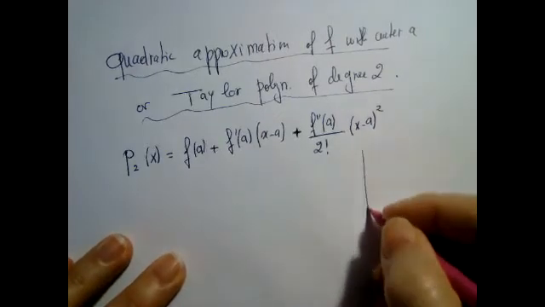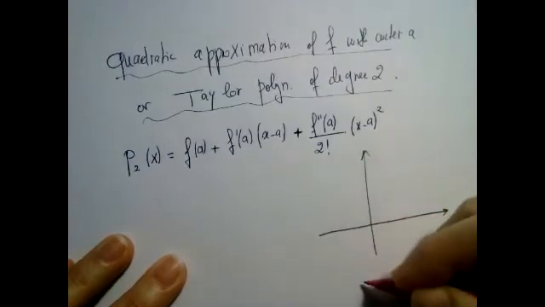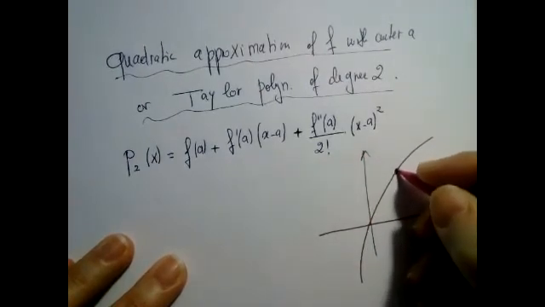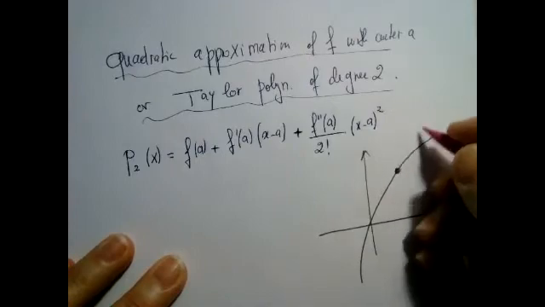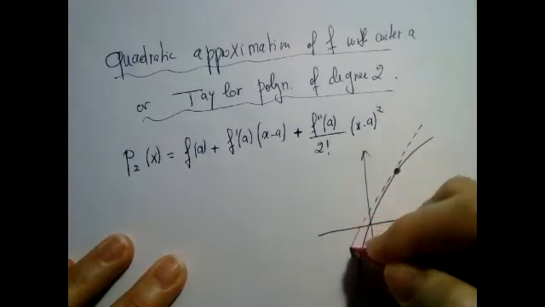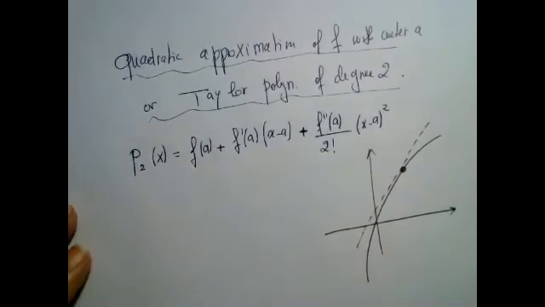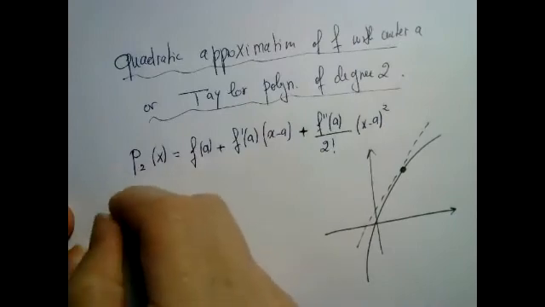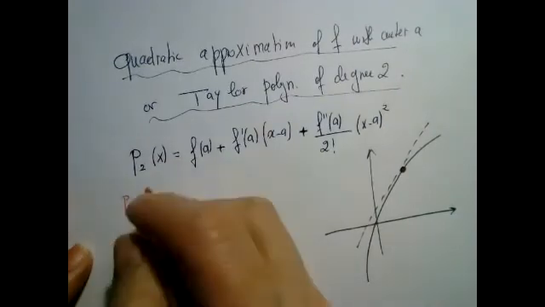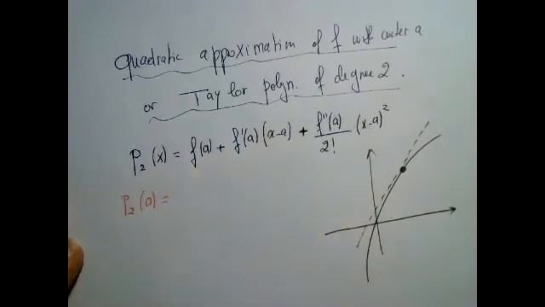Now, let's see what the property of this is. This is my function f of x. That's a point A right there. And this is the first degree Taylor polynomial, which is really the tangent line. Now, P2, watch which property it has. If I evaluate this polynomial at A, what do I get?